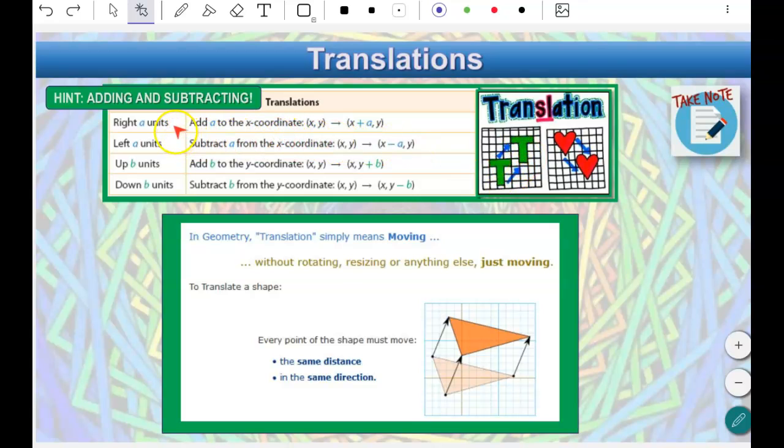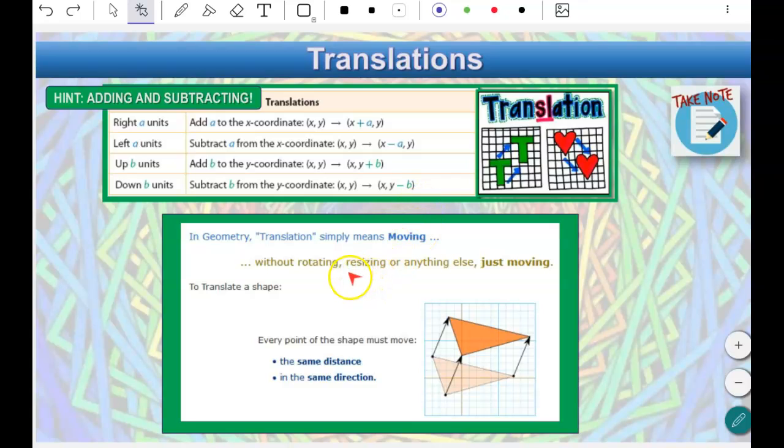So if you move it to the right, the x coordinate, you add the number of units that it was moved. If it's moved to the left, it's subtracted. And then for up and down, remember, up and down is going to be y. So when you move up, it's added. You move it down, it gets subtracted.